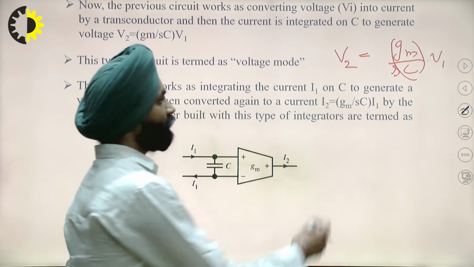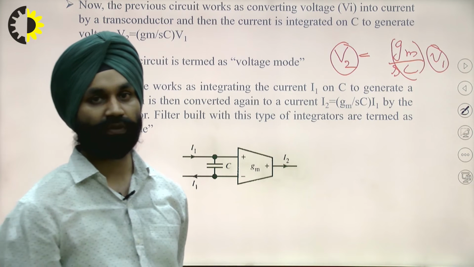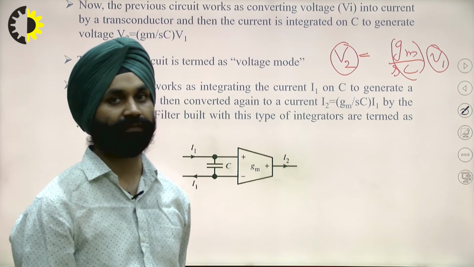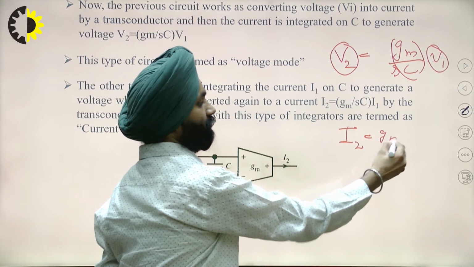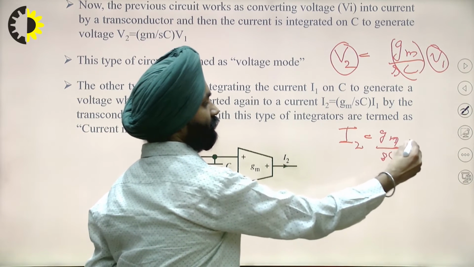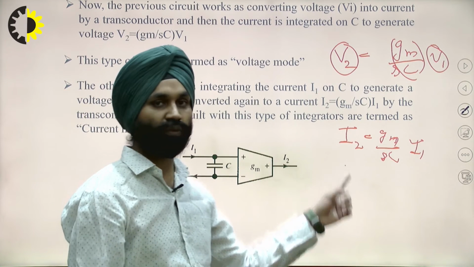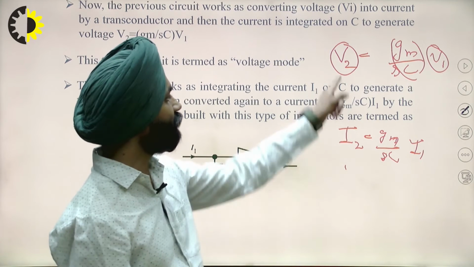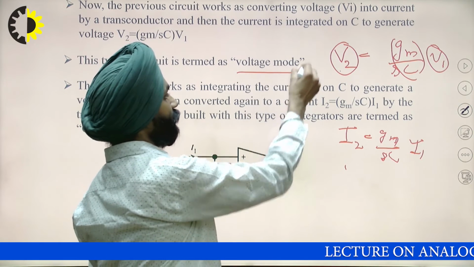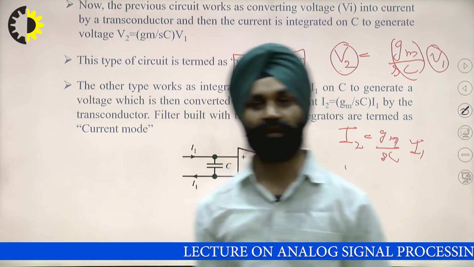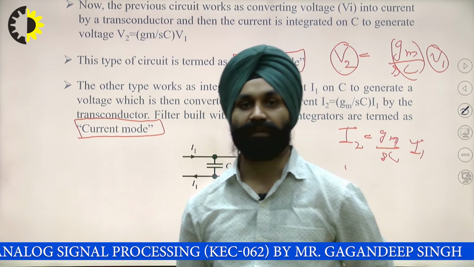Simply, if we take the voltages replaced by the same resistance, I can represent it as V equal to IR, R will be cancelled out, so I can write I2 equal to Gm by SC times I1. If it is in terms of current, it is known as current mode. If we are calculating in voltages, then it is termed voltage mode. So there is a small difference between the voltage mode and the current mode transconductance integrator.